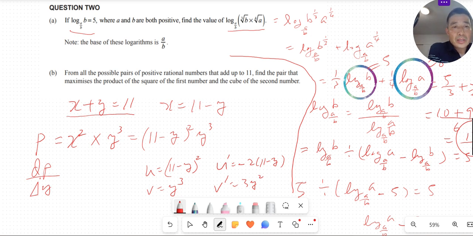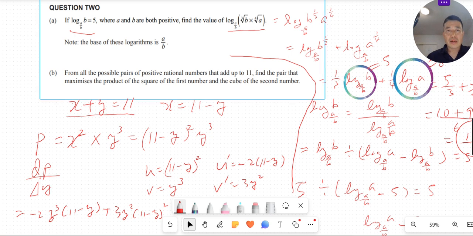So dp/dy equals v u prime, which is minus 2y cubed times 11 minus y, plus u v prime, which is 3y squared times 11 minus y squared.